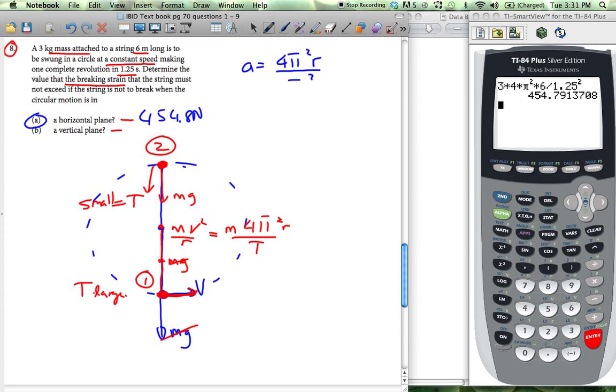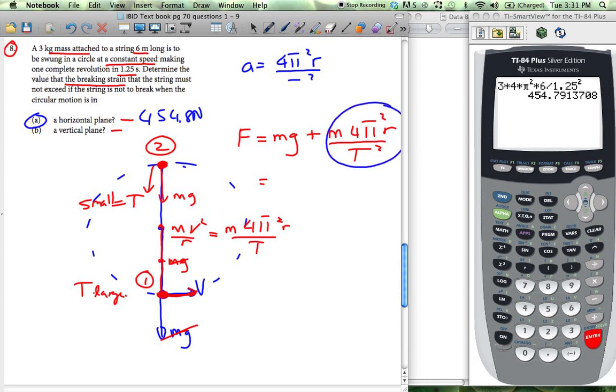So, if I put that into my formula, then I'm going to therefore have that my tension, or I'll use force, is equal to mg plus m 4 pi squared r over your time squared. So we know what this over here is. We've already worked that out.